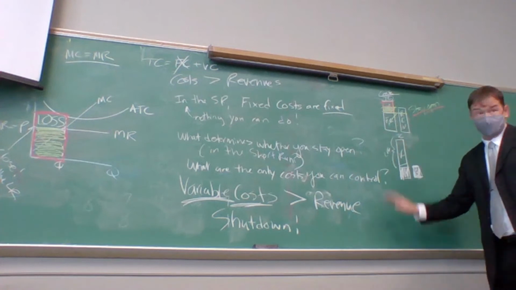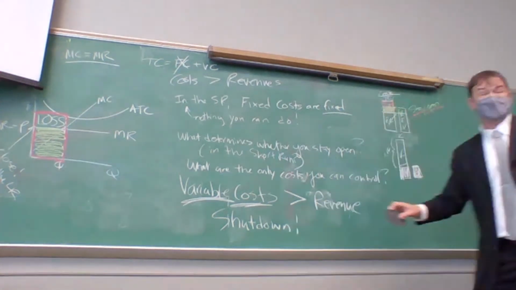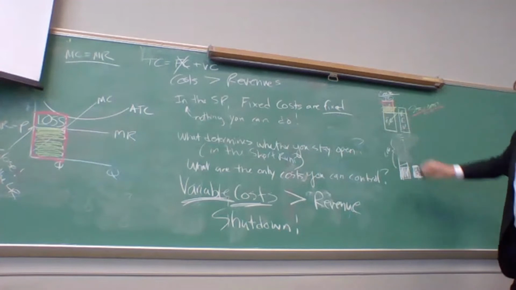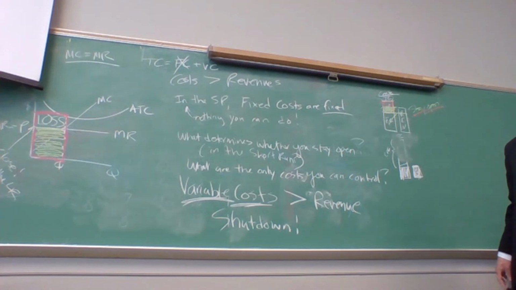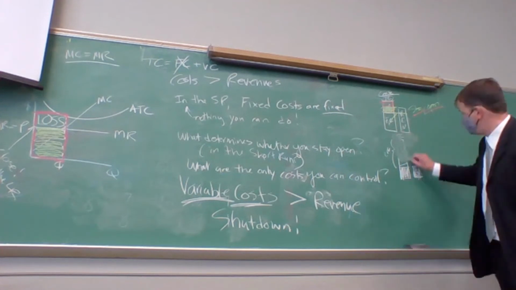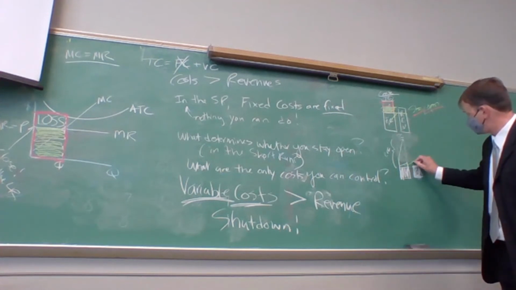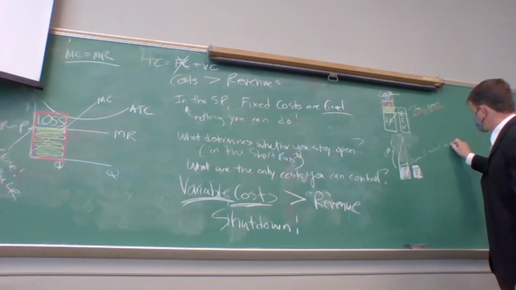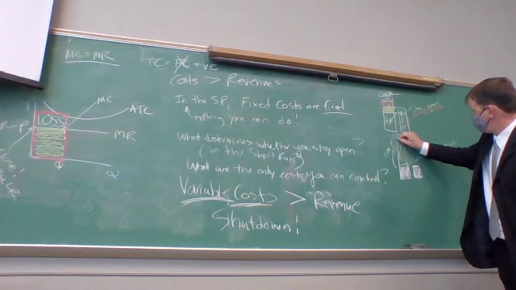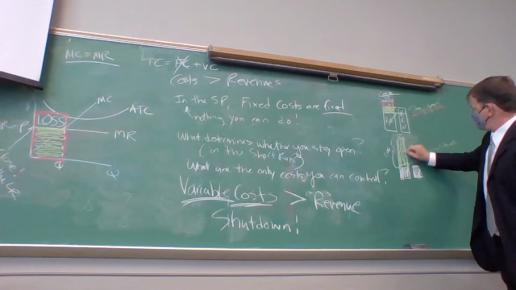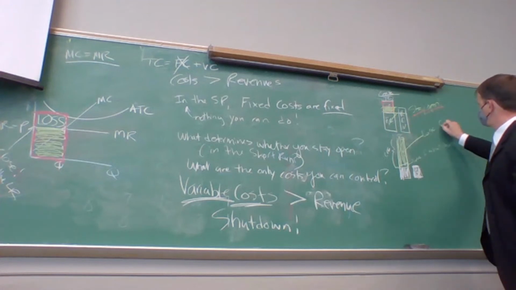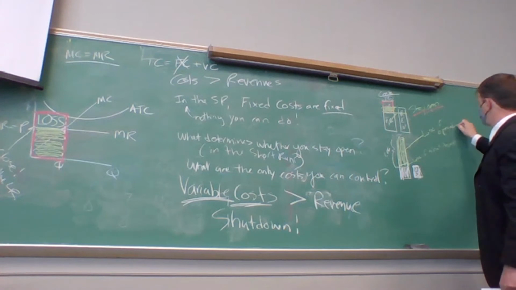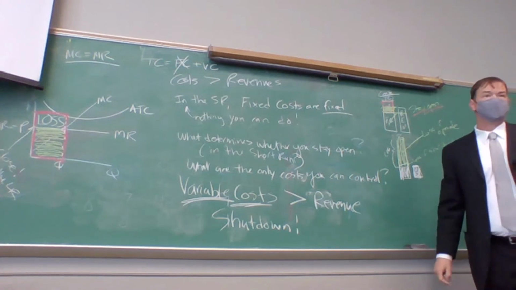If I shut down, that goes away. What should I do? Because if you shut down, variable cost is 0. Remember the table? If you shut down and this goes away, this is my loss. If I operate, I lose more money.